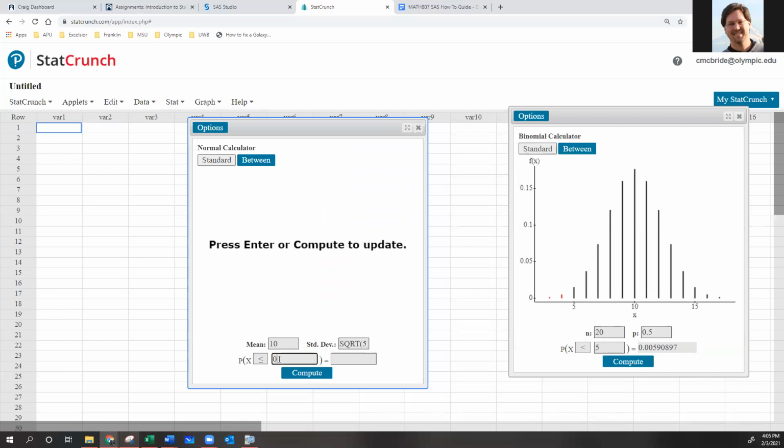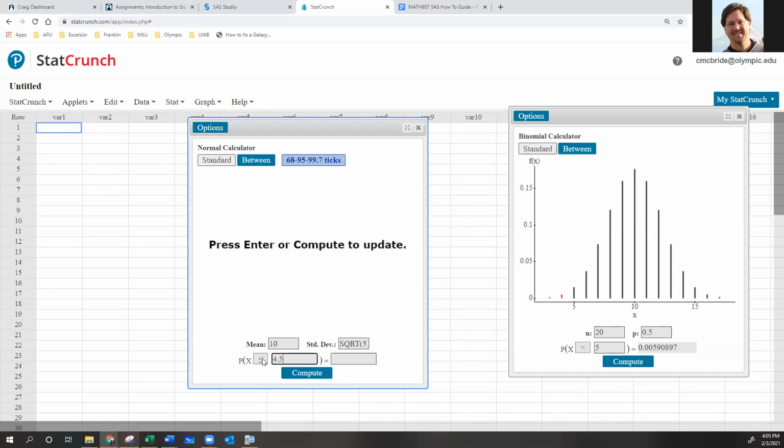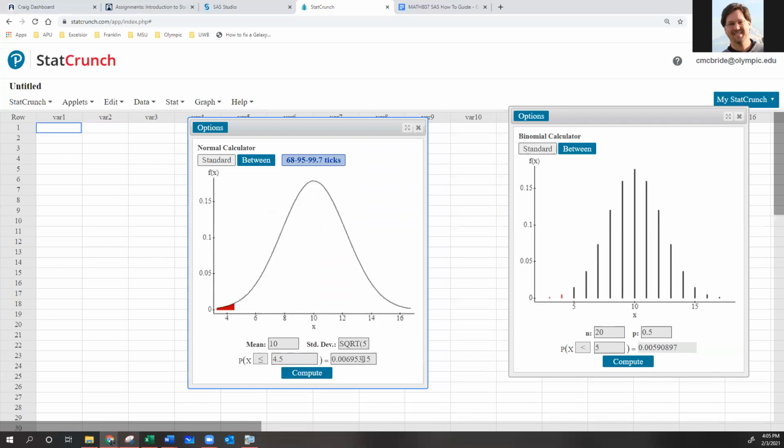And then if we use 5, we get that, which isn't great, right? I mean, we're talking about 0.0059 versus 0.016. That's not fantastic. But if we go to 4.5, now 0.0069, that's pretty darn close, right? It's a lot better. So that's the whole point.